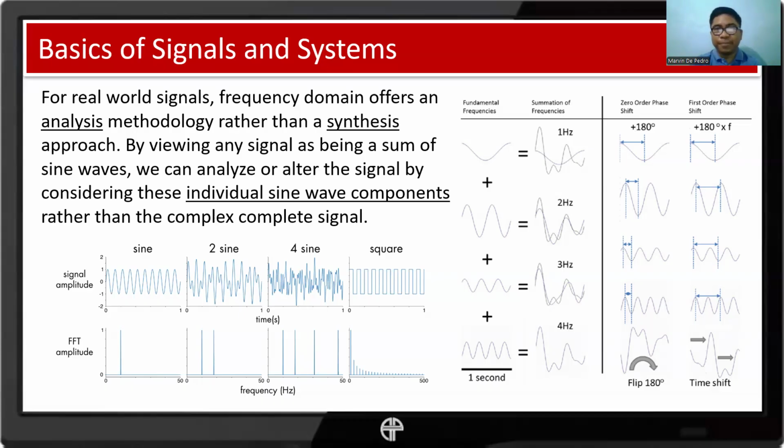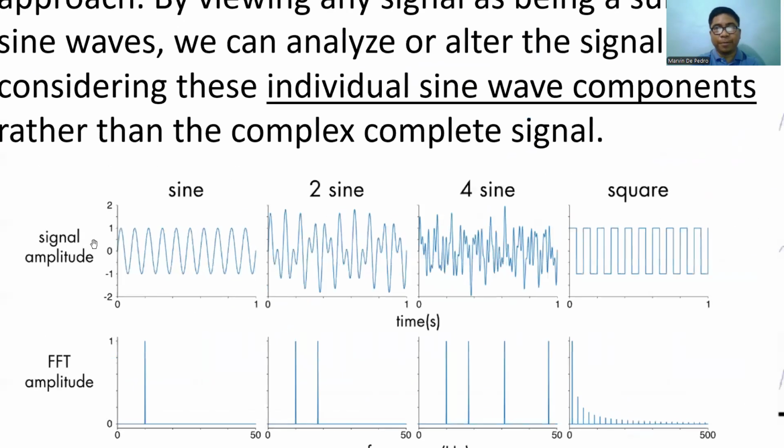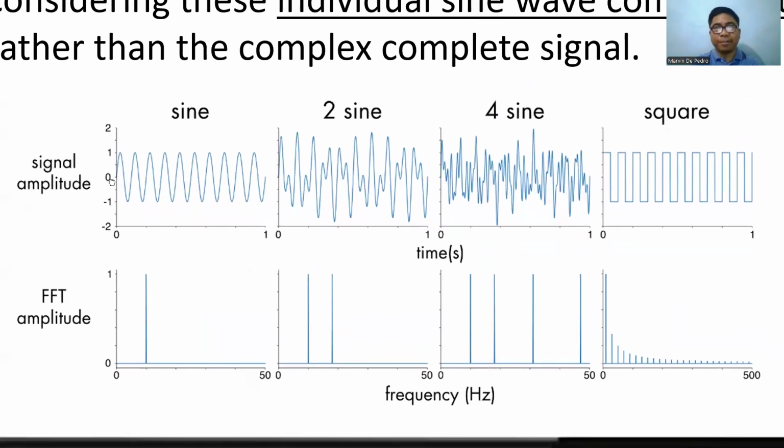Okay, let's consider this one. Imagine this is a sine signal, one sinusoidal signal. If we look at its side view, then we can only see one signal in the frequency.